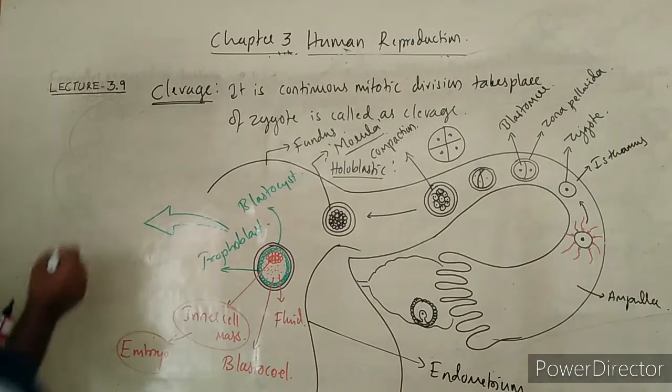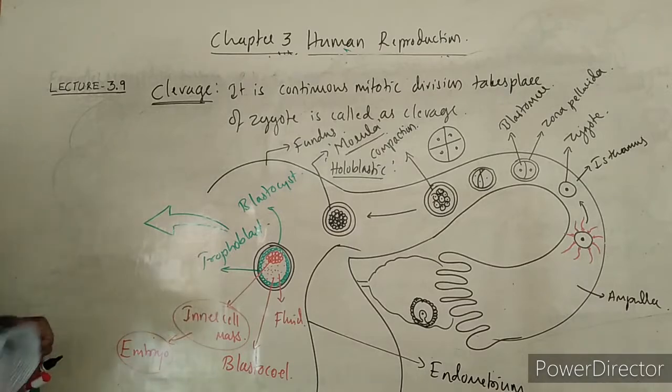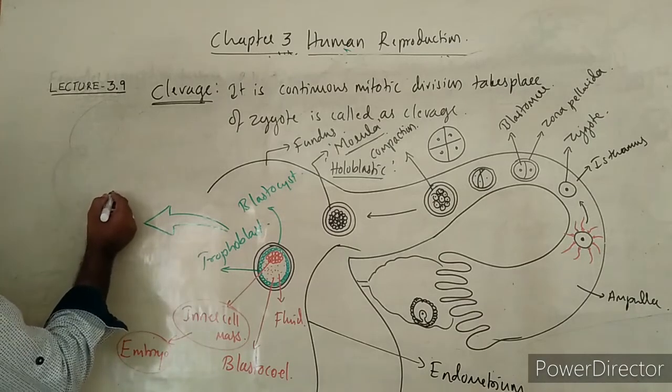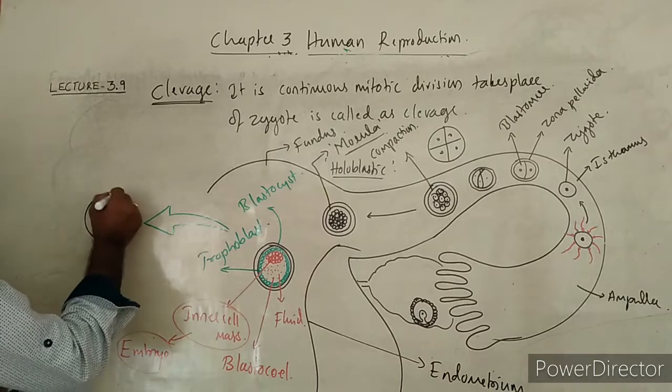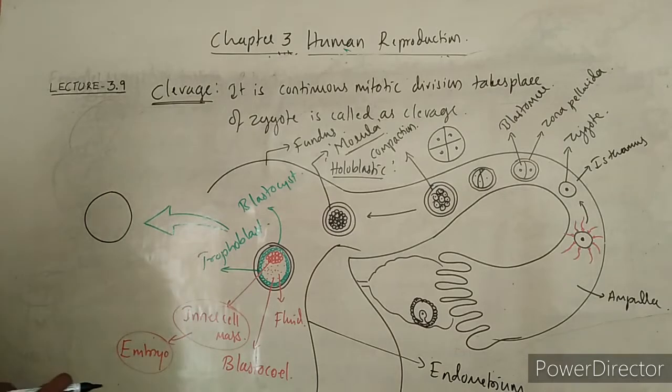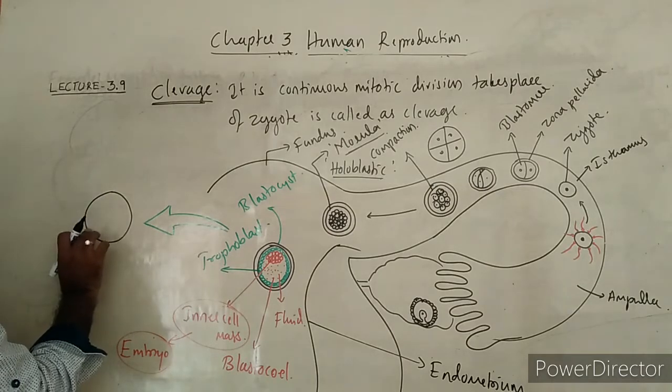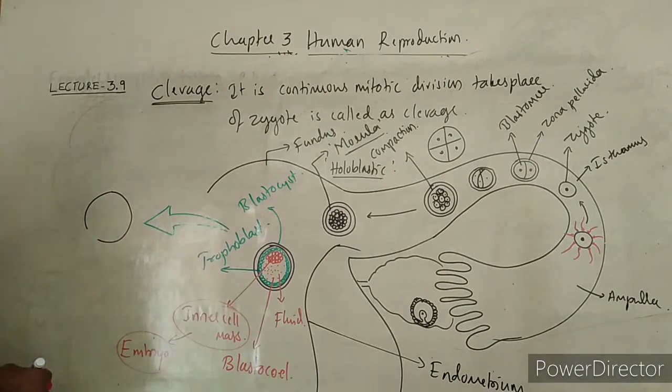So how does it take place? See here. This zona pellucida becomes very thin, and through this zona pellucida the trophoblast comes out.